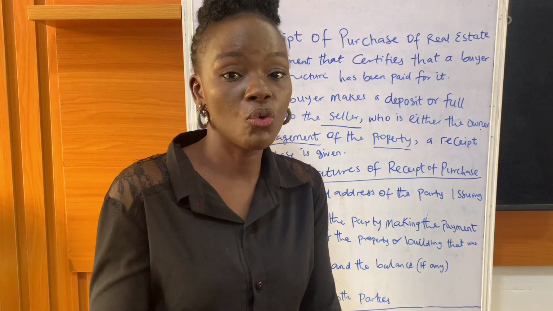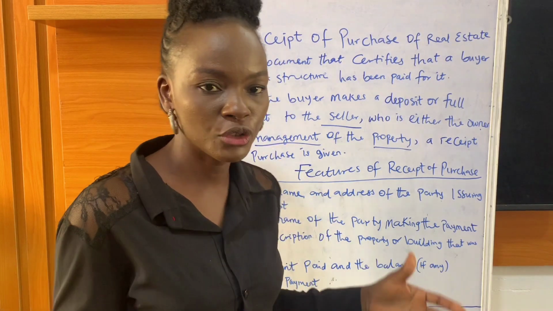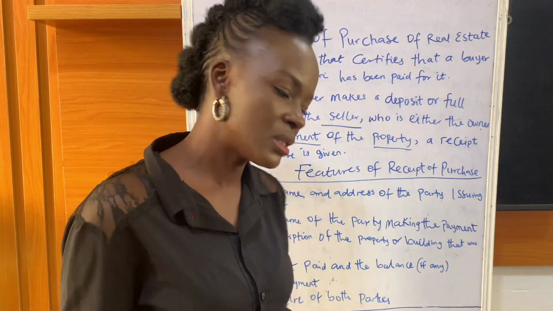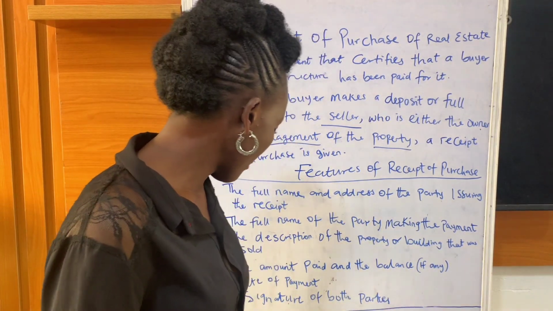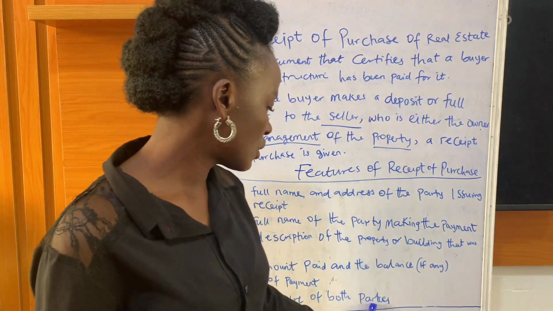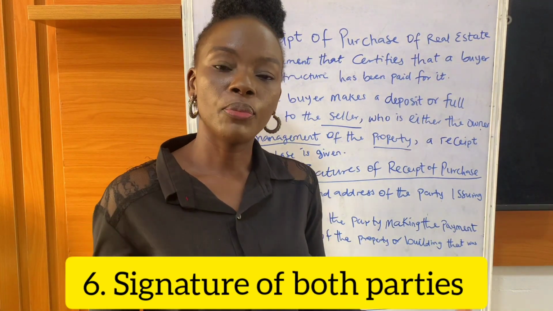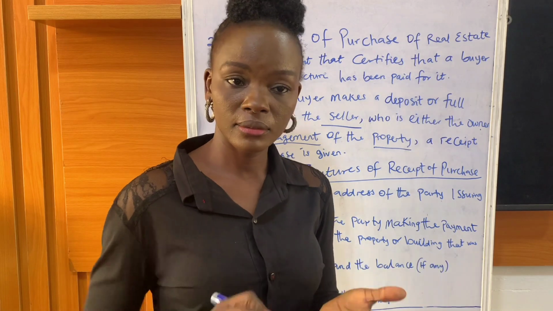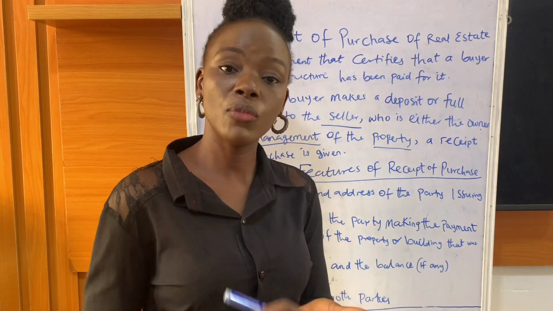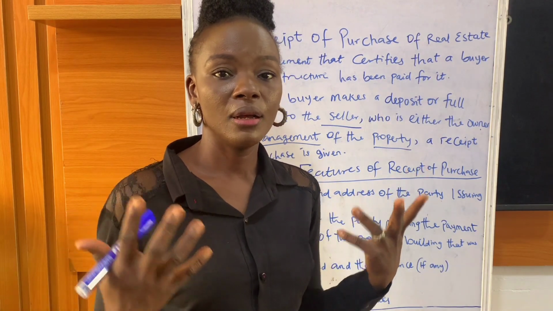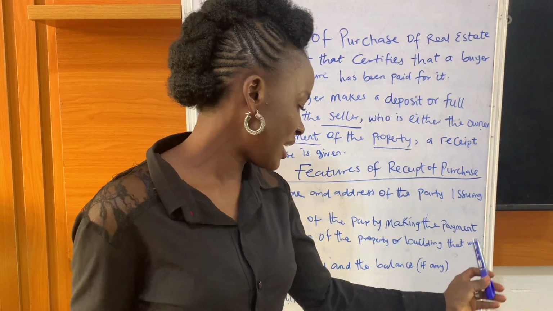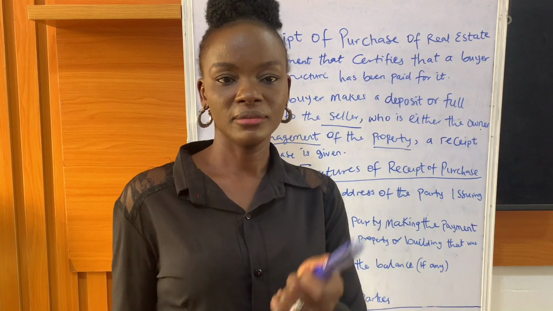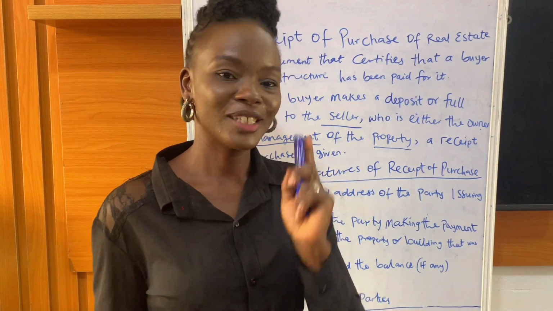There must be a date on the receipt. It also helps in the future for record purposes. Then signature of both parties. Both parties must sign. Yes, they must sign. That makes it a mutual transaction. All right. So we move to the next one, which is survey plan.